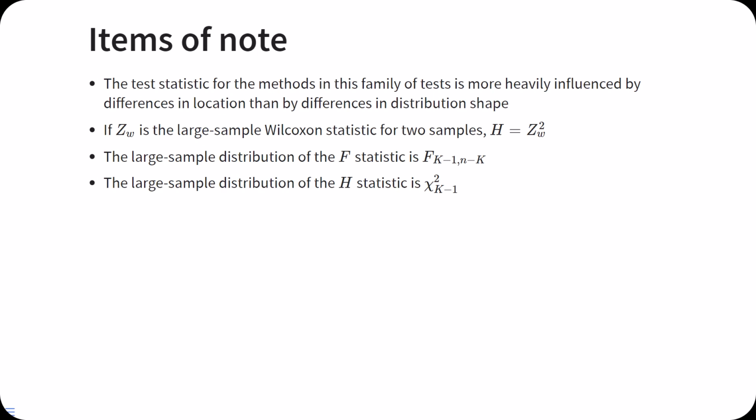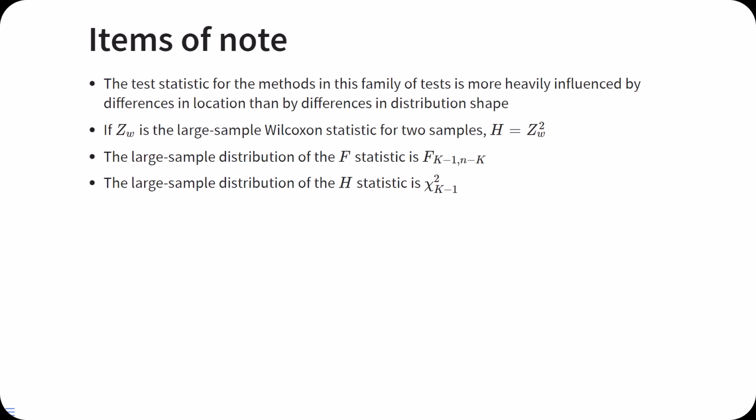Some items of note. The test statistics for the methods in this family of tests are more heavily influenced by differences in location than by differences in distribution shape. What do I mean by the family of tests? We've looked now at 3 K-sample randomization tests: the Fisher-Pittman, the Kruskal-Wallis with ranks, and the normal scores test with normal scores. We also know that in order to test a hypothesis that the medians are equal in the conditions, we must have the same distribution shape.